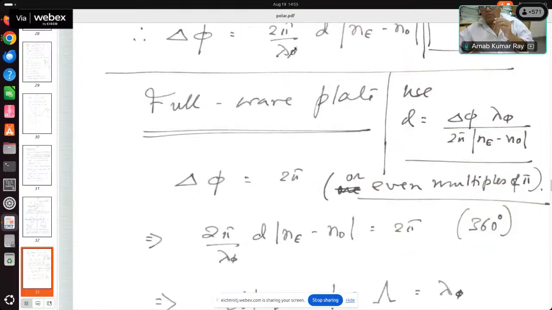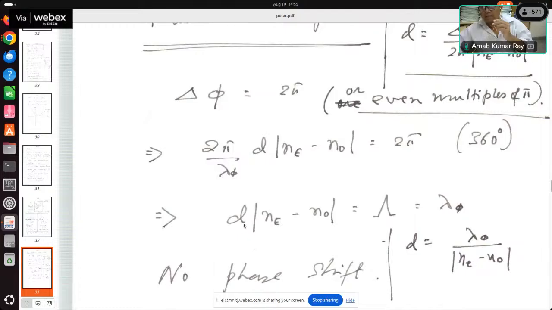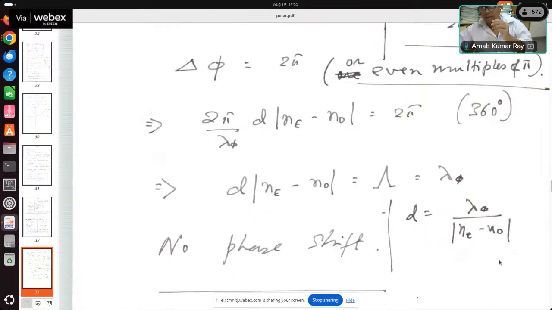And so you write 2 pi by the wavelength into d into ne minus no is equal to 2 pi. The 2 pi will cancel, and so d will be equal to lambda naught, the vacuum wavelength, divided by ne minus no. Of course, when you have a phase difference of 2 pi, effectively, there is no phase shift. The two waves are overlapping each other.